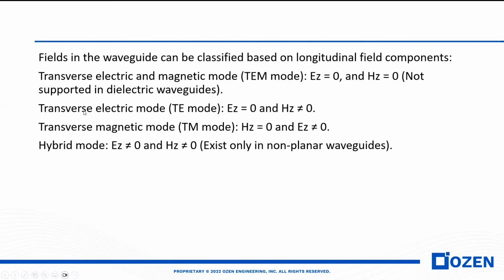Another is the transverse electric mode, or TE mode, which means that the electric field doesn't have any component in the Z direction. For the transverse magnetic mode, the magnetic field doesn't have any Z component. Another one is the hybrid mode that exists in non-planar waveguides.